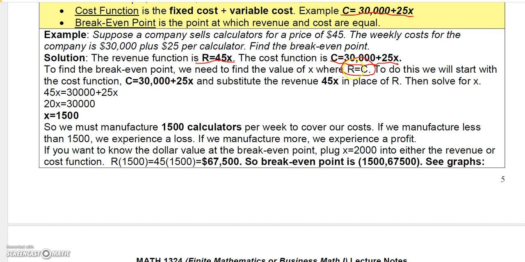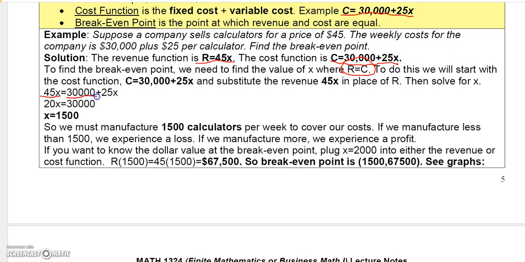And so what we're going to do is use a substitution. If you think of this equation, revenue equals cost, let's substitute our revenue value in terms of x, 45x, on the left. And then on the right of this equation, we'll substitute our 30,000 plus 25x for cost.